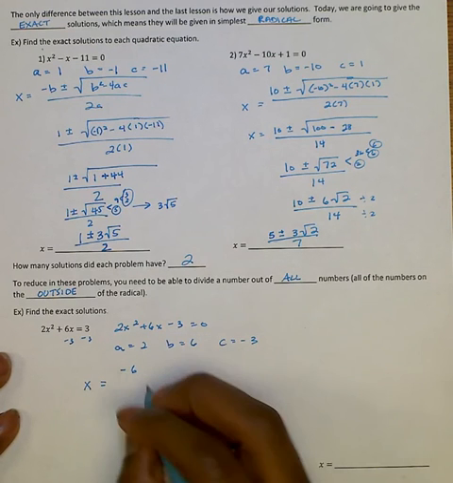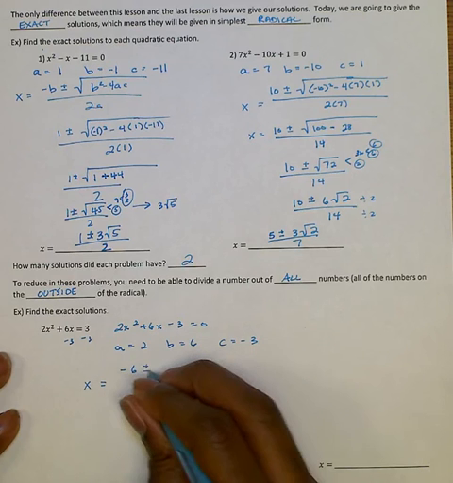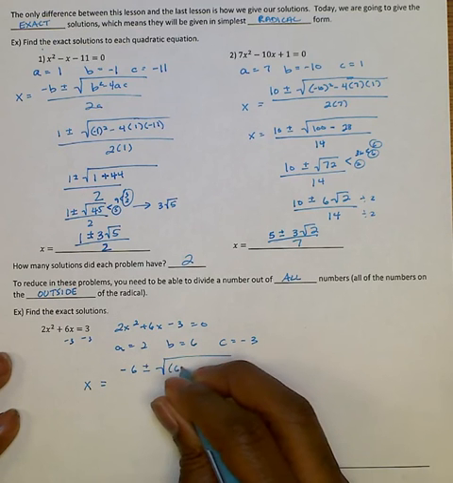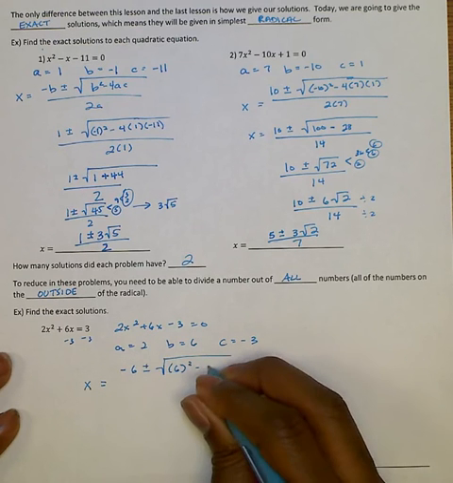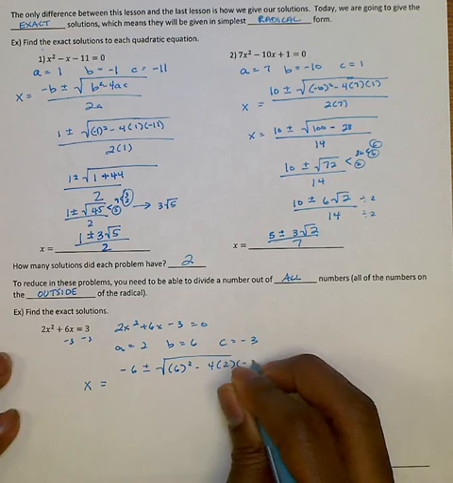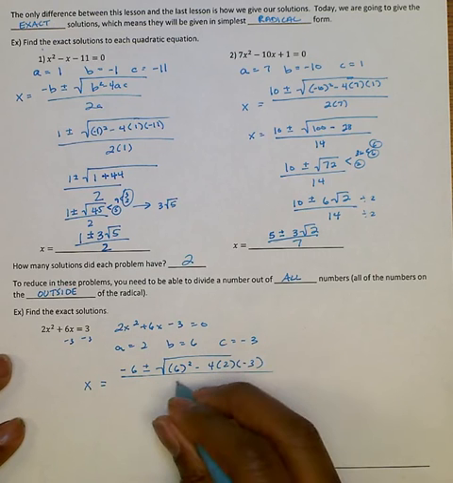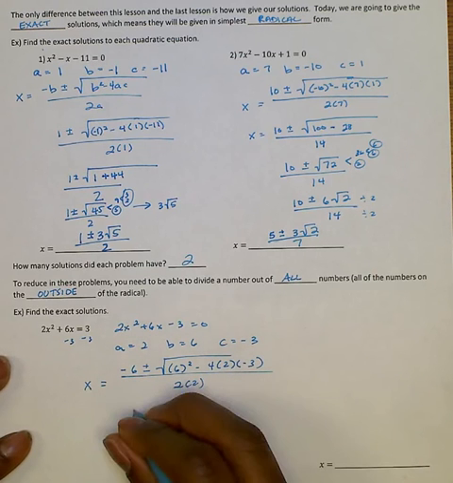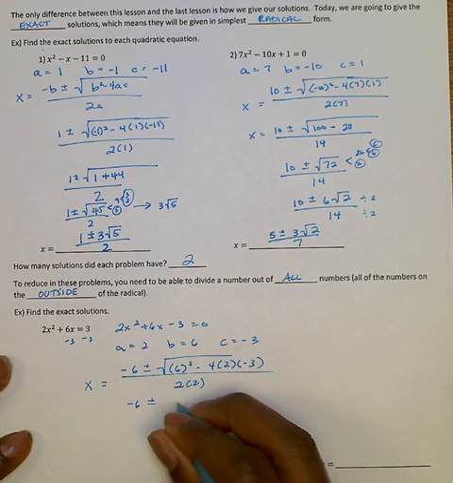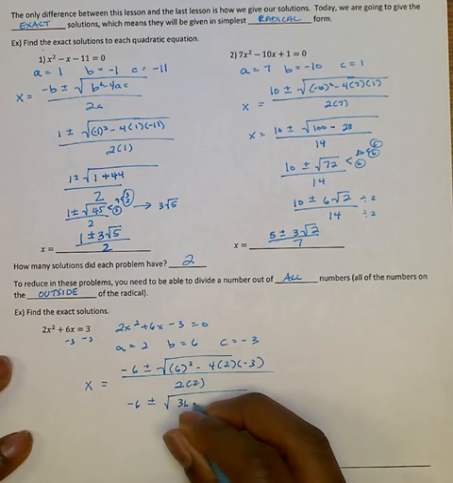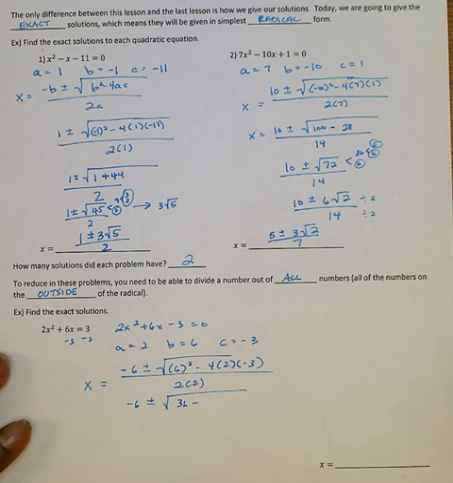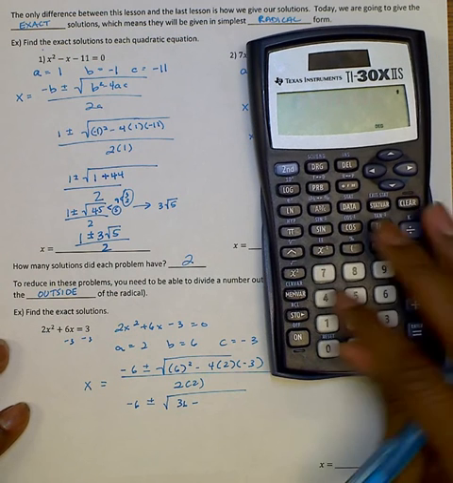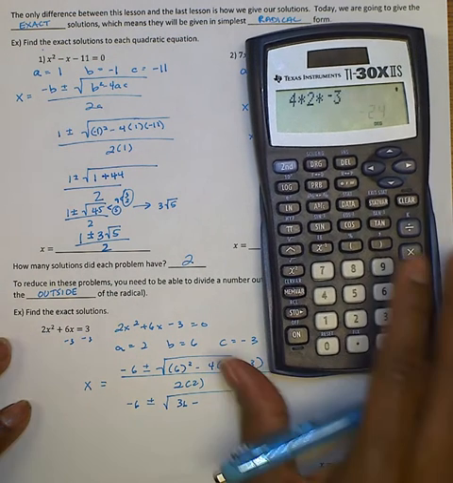So opposite B plus or minus the square root of B squared minus 4 times A times C all over 2A. Alright, so I have negative 6 plus or minus the square root of 36 minus 4 times 2 times negative 3. 4 times 2 times negative 3 gives me negative 24.